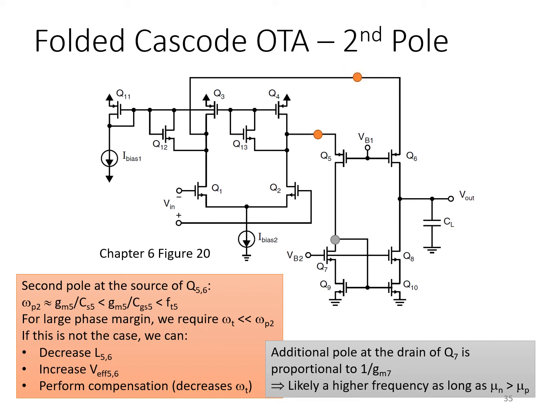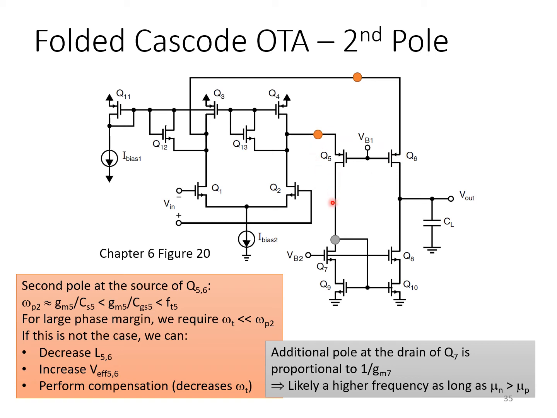So we've probably got comparable parasitic capacitances to ground associated with both nodes. And in both cases, we're looking into the source of a common gate transistor. Now, there will be subtle differences in the small signal resistance seen in each case, but anyway, in both cases we've got CGSs associated with this node, and so some decent sized parasitic capacitors, but a relatively small signal resistance that's proportional to 1 over GM of these transistors.